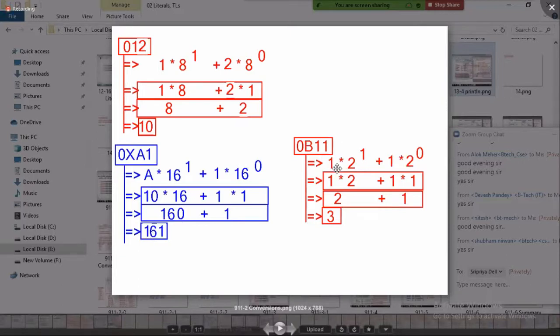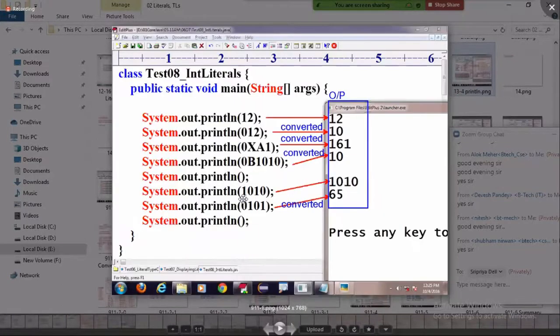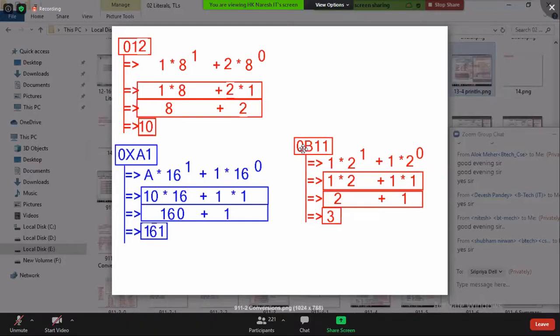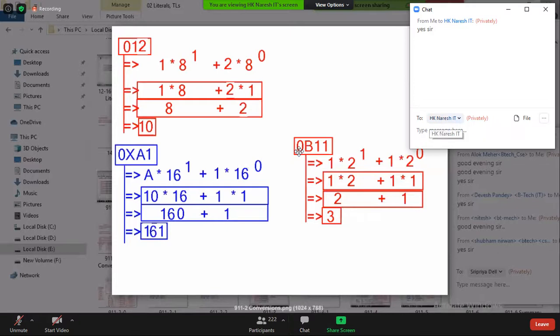Okay? Then tell me, how can I convert a binary number, 0b1010 converted to 10? For understanding, I'm taking 0b11. How is 0b11 converted? 0b is binary.